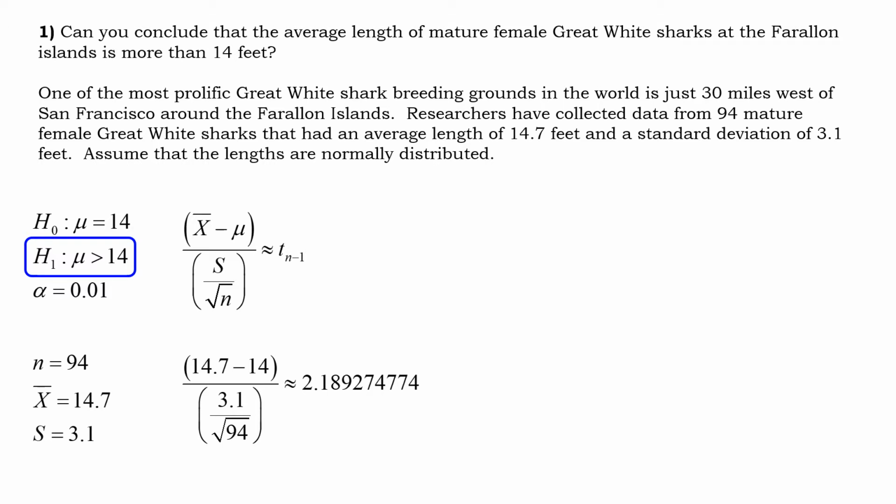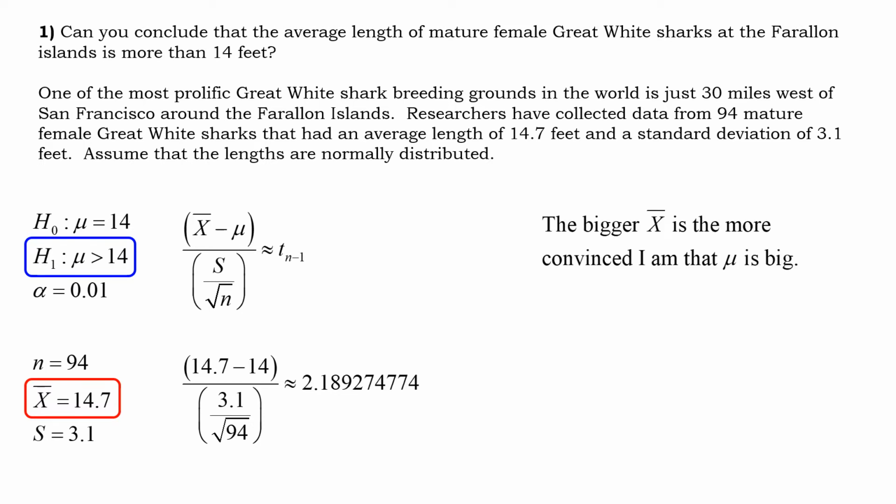When I look at my sample, the single largest factor is going to be the sample mean, the average of the sample. Here my sample mean is bigger than 14 feet. So for the sharks I've seen, yes, the average was above 14, but samples are random. So we have to decide if this 14.7 foot average for our sample of 94 sharks is enough to convince us. What would be more convincing than the 14.7 we have is a bigger value for x bar.